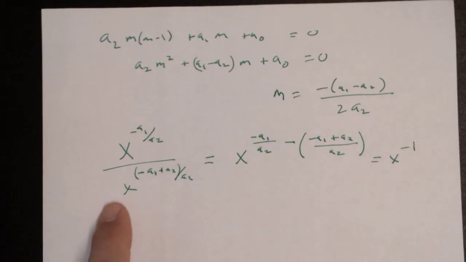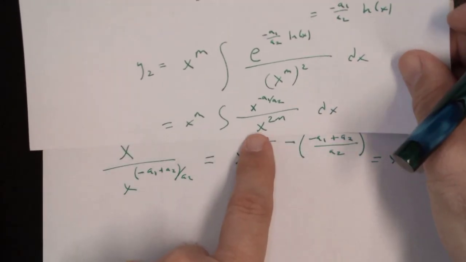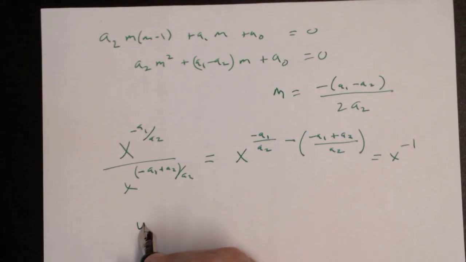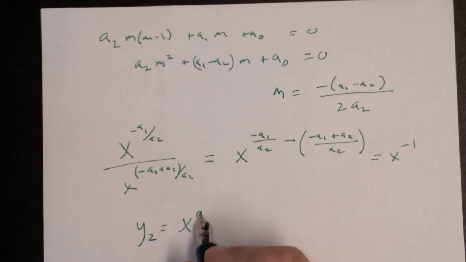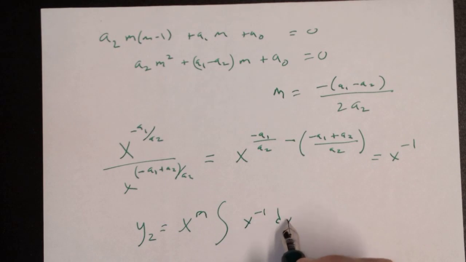Wait. Where is this? This is inside an integral, isn't it? y2 is x to the m times the integral of this thing. What's the integral of x to the minus 1?